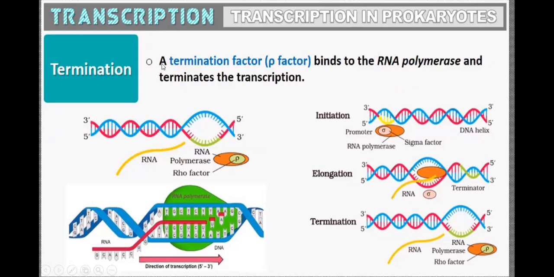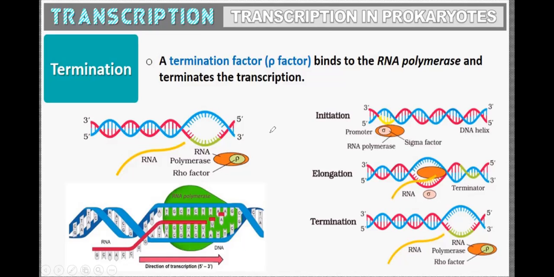Now the termination process. A termination factor called Rho factor binds to the RNA polymerase here and then terminates the transcription, and when transcription is terminated, RNA will be released.